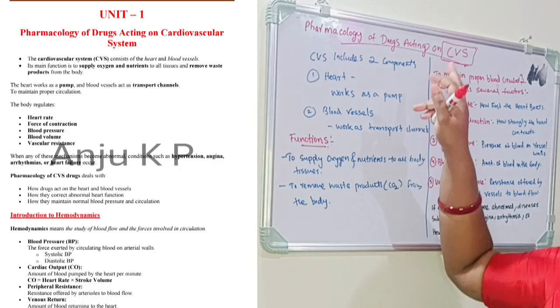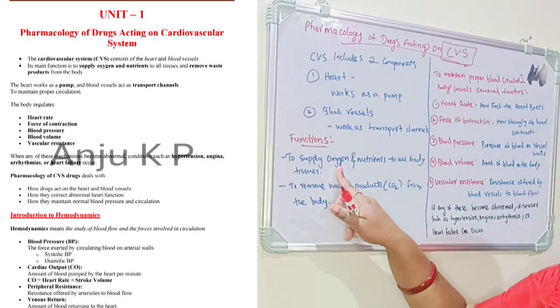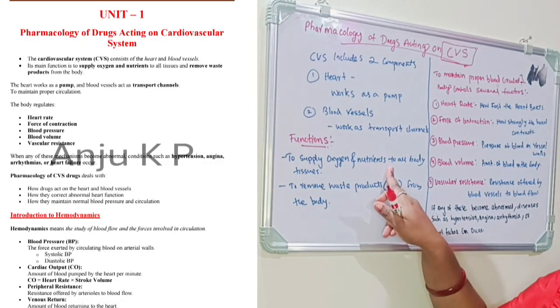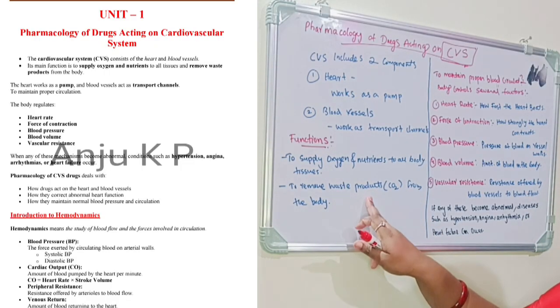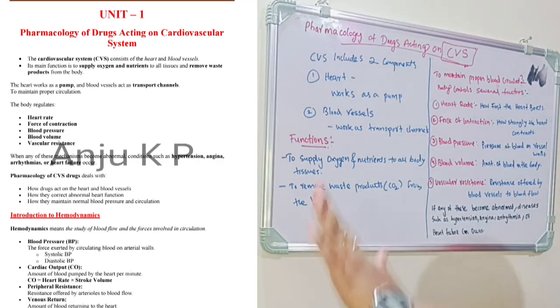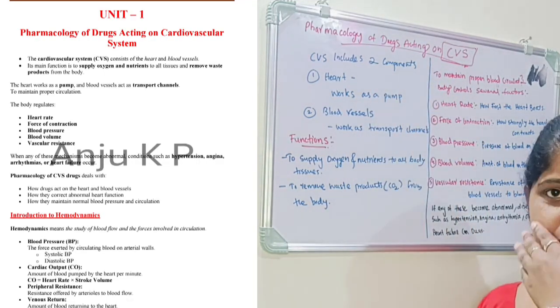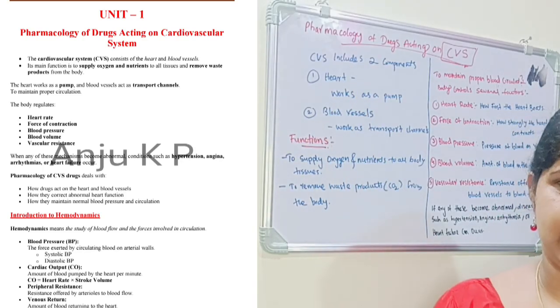The function of CVS is to supply oxygen and nutrients to all the body tissues and to remove waste products such as carbon dioxide from the body. So in CVS we are studying the heart and blood vessels.